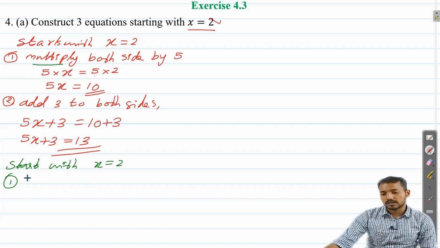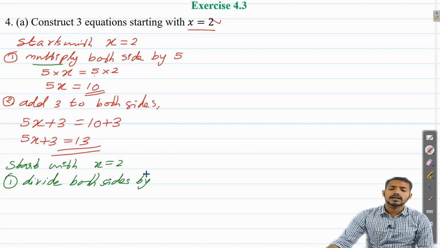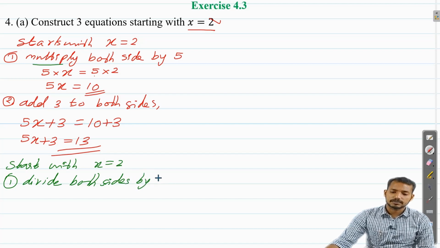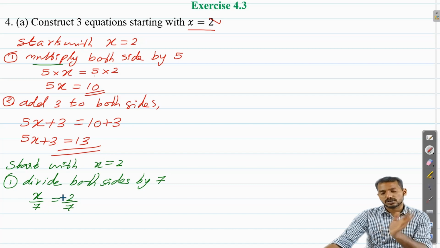Here I am going to make division. Okay, divide both sides by a particular number like 7. So what will you get? x divided by 7 is equal to 2 divided by 7. That is also an equation.